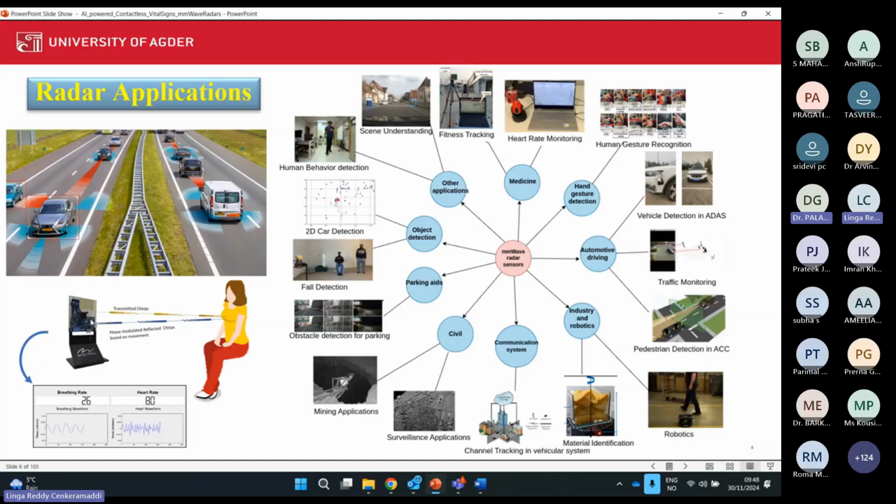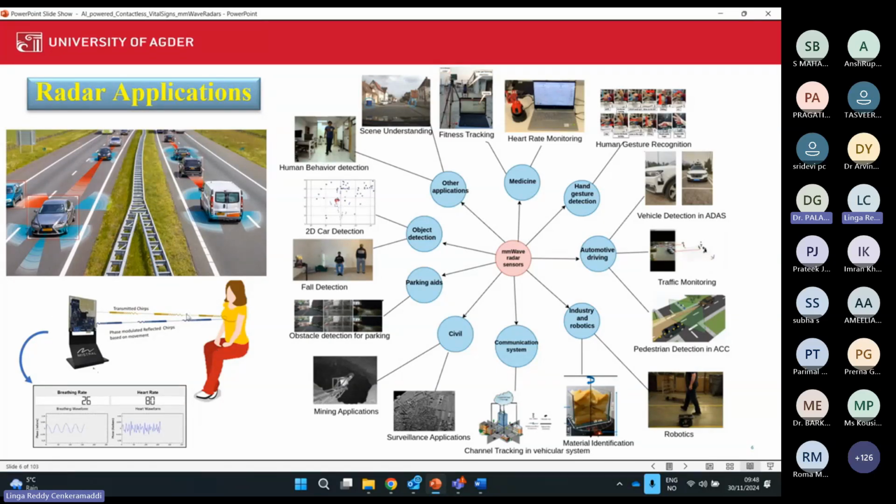The radar, the object of interest, the person of interest will be sitting in front of the radar. We transmit the signal towards the chest where heart is located. Then heart movements and the chest movements are actually captured to be able to measure breathing rate and heart rate. So this is what we are going to look into.